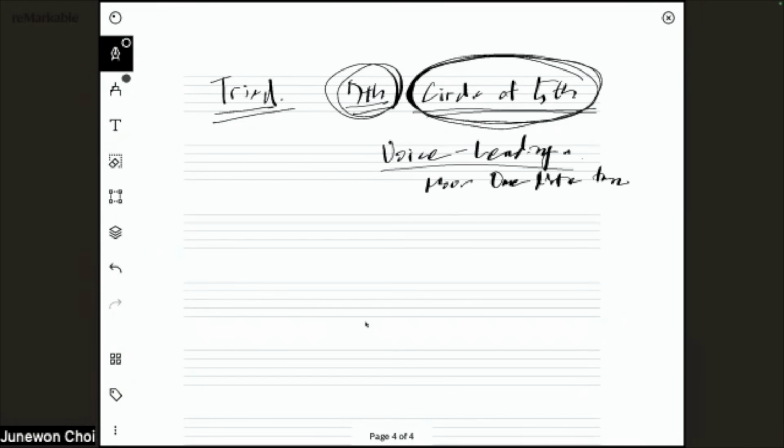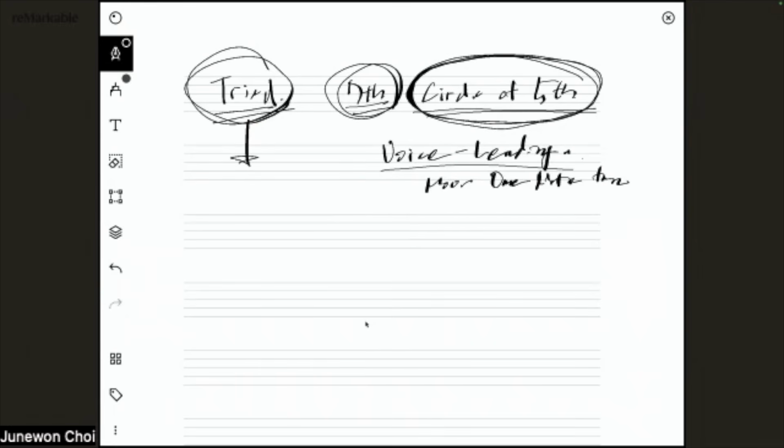But on the triad, we only have 3 notes. We have more than just the circle of fifths motion. Every motion can be a voice leading on triad.